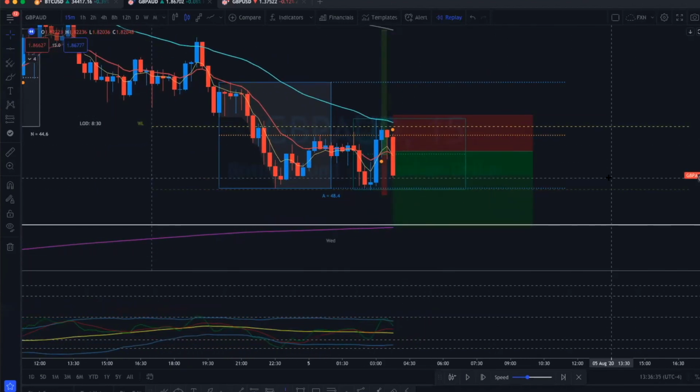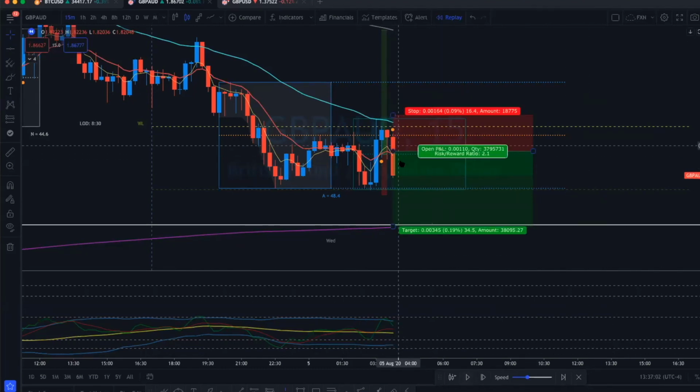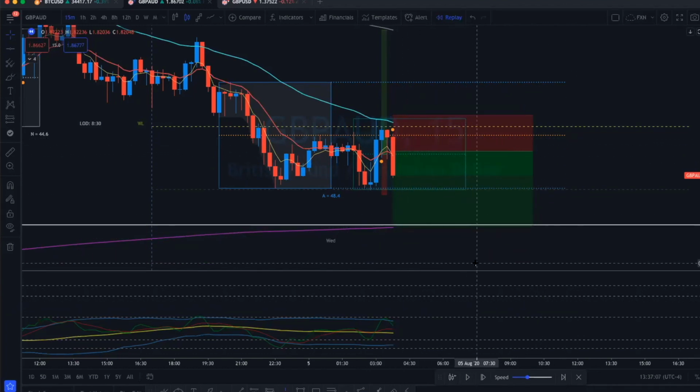So that would be the only way that trade would be viable. So let's see if we get a pullback on this next candle, because if we do, that would be a 2-to-1 trade that you can take.